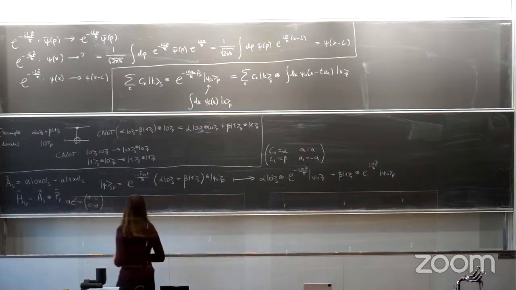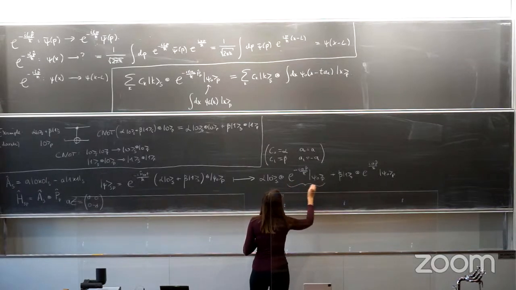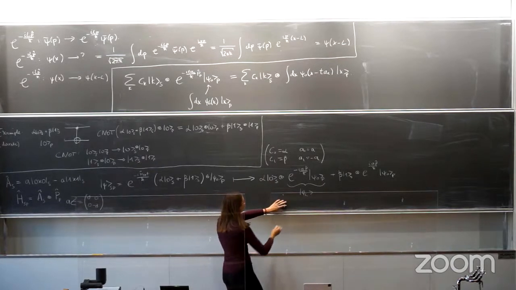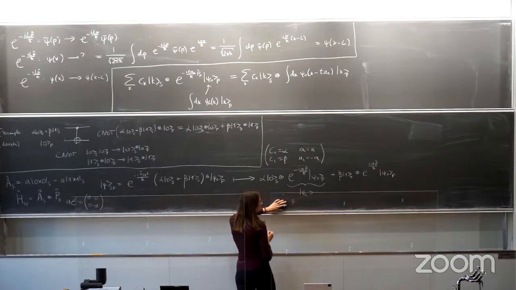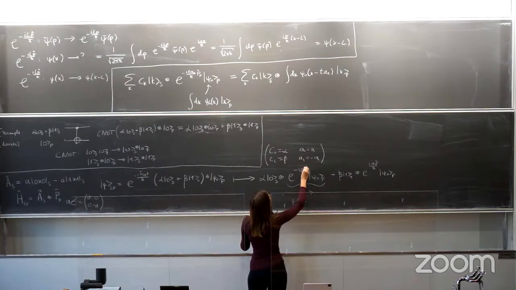Okay, so let us call this psi L, because what does this correspond to? This corresponds to, in the position representation, psi of x minus a t. Maybe I also need to add t here.